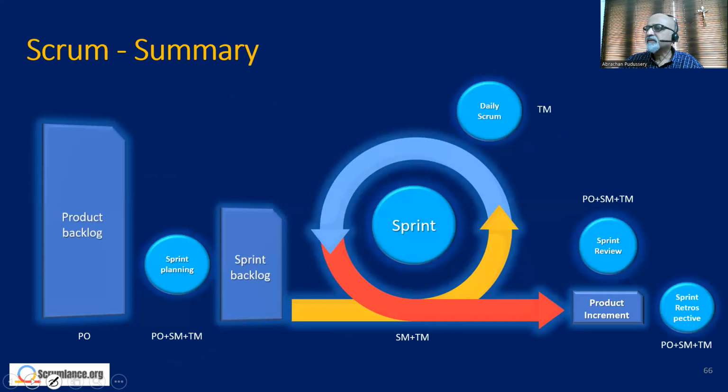Now, we started with the product backlog, then the sprint planning, sprint backlog, sprinting, the daily scrum, the product increments, the sprint reviews, and the sprint retrospectives. We also said that the Scrum team comprises the product owner, Scrum master, and the developers. So this is the overall view of the Scrum.